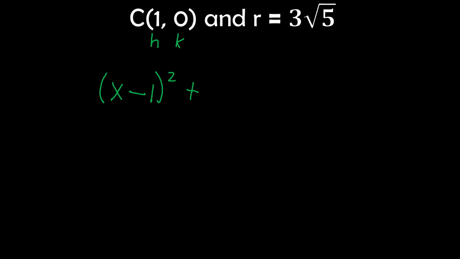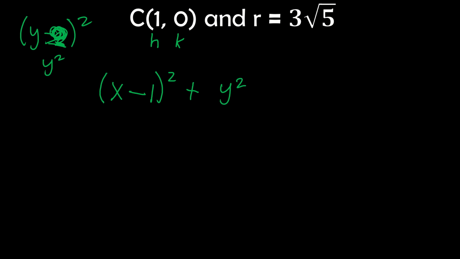So, that means instead of writing, di ba magiging, paano siya pag sinulat? Di ba magiging y minus 0 squared. As in 0 naman yung value ng k, we can just omit yung minus 0, and idiretso na natin na y squared. So this will be plus y squared.